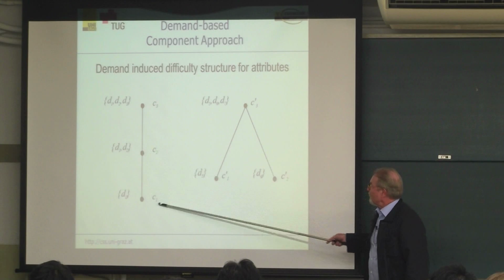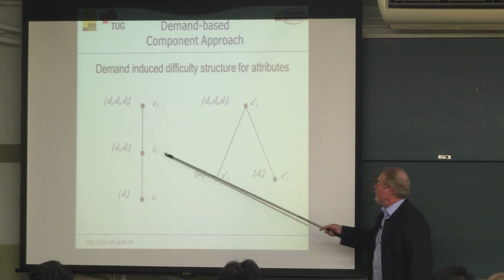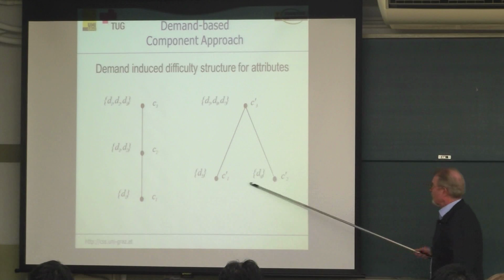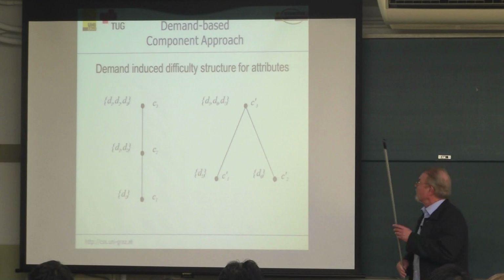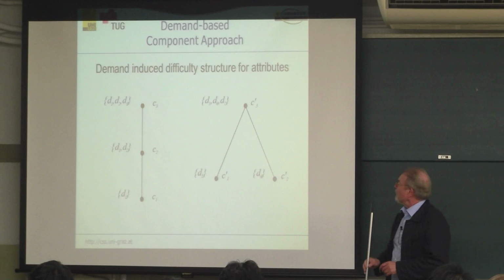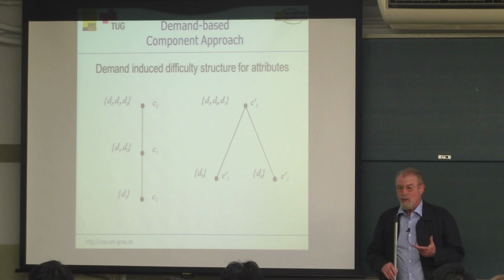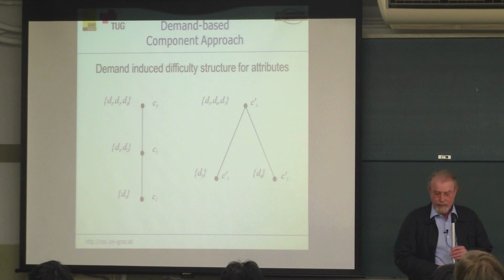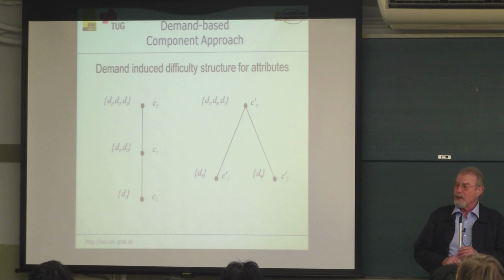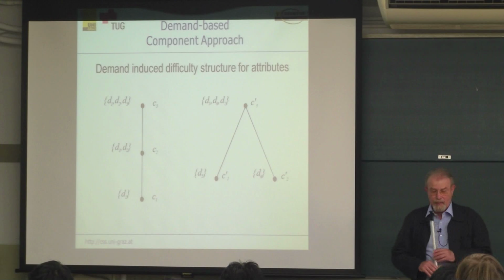One component is defined by the attributes C1, 2, and 3, the other one by the attributes C1 prime and so on to C3 prime. Then you can use the demands by the subset relation for ordering the attributes.